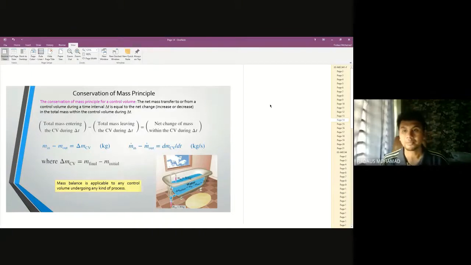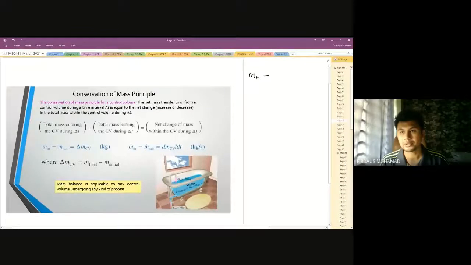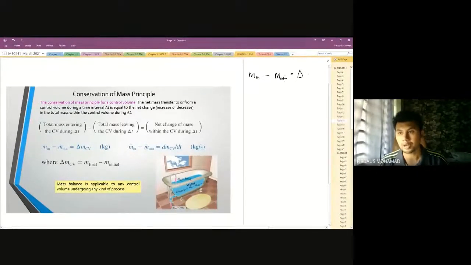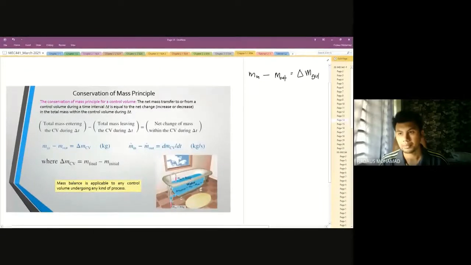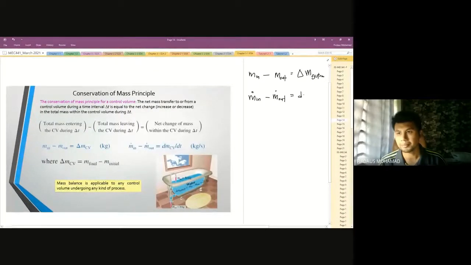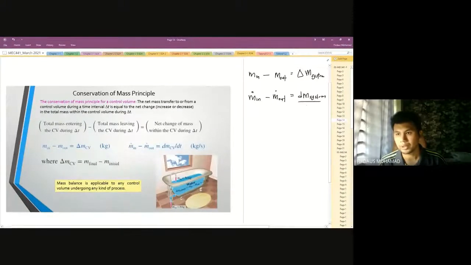Yang sebenarnya, M inlet tolak mass out sama dengan, of course lah, change of mass in that system itself. Okay, ataupun kalau kita nak define in terms of mass flow rate, kita letakkan M dot inlet tolak M dot outlet sama dengan dm system over dt.